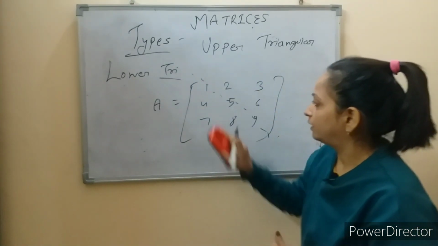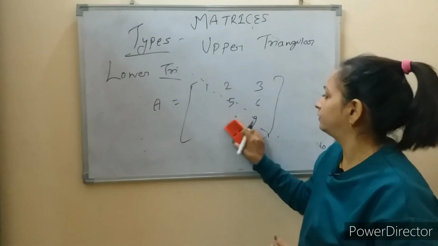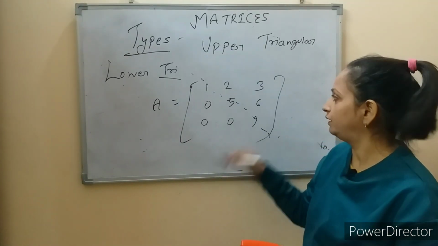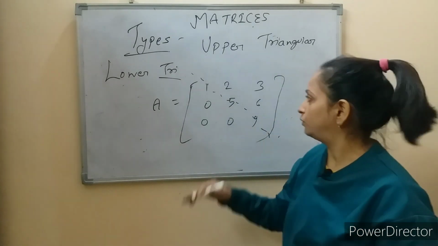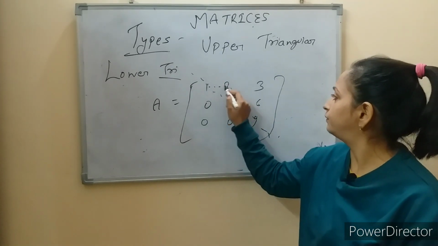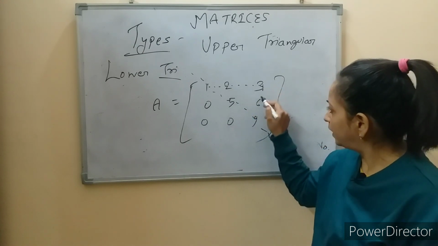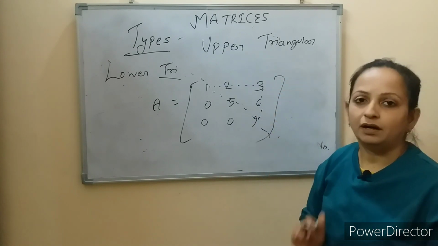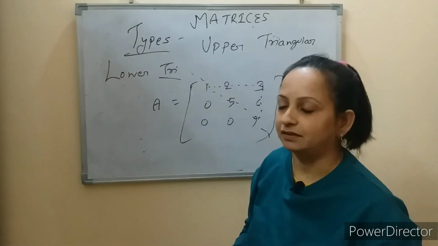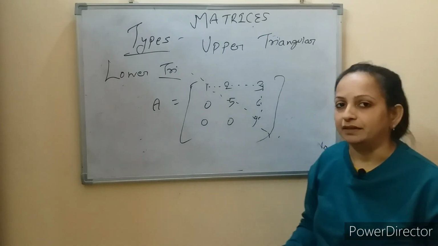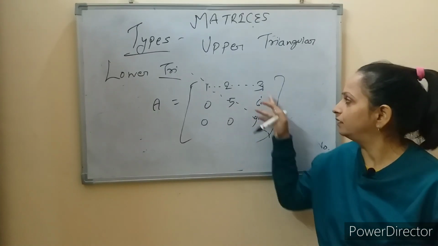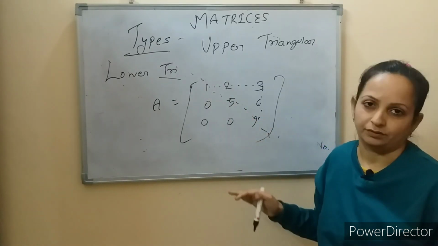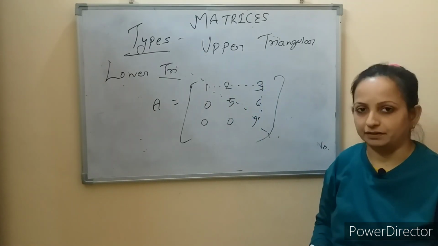On the lower side of the main diagonal we will have all zeros, 0 here, 0 here and 0 here as well. Why is it called upper triangular? As you can see, if I combine all the elements here, it will give me the shape of a triangle on the upper side of my diagonal. So it is called an upper triangular matrix, because we are making a triangle with the elements on the upper side of the main diagonal.